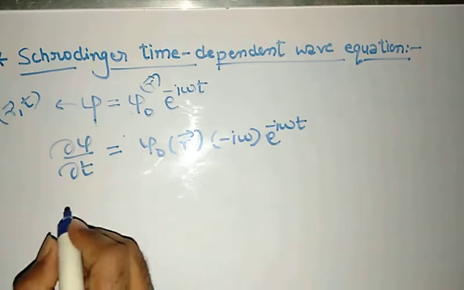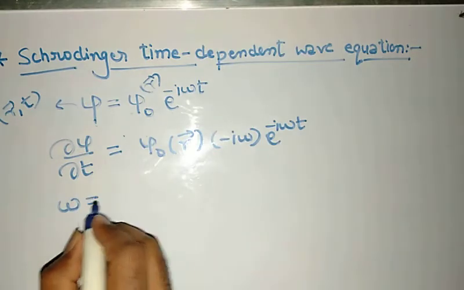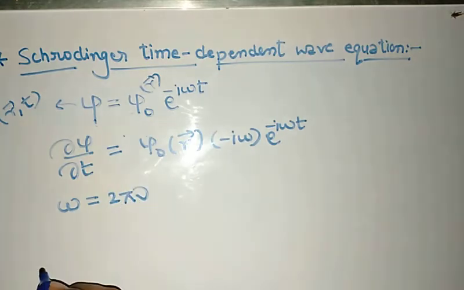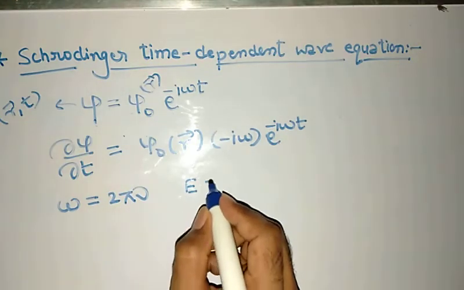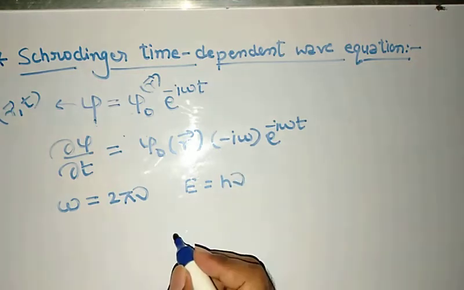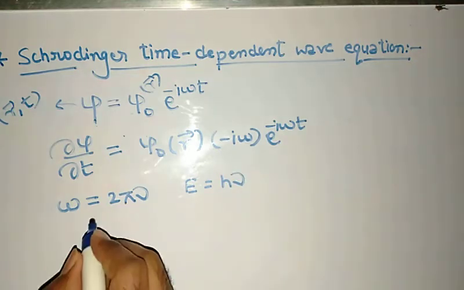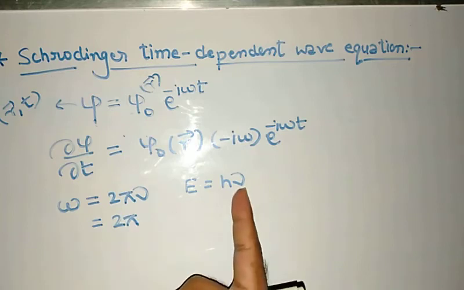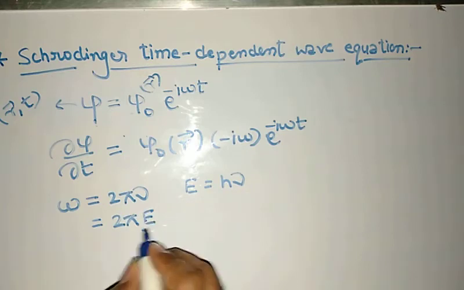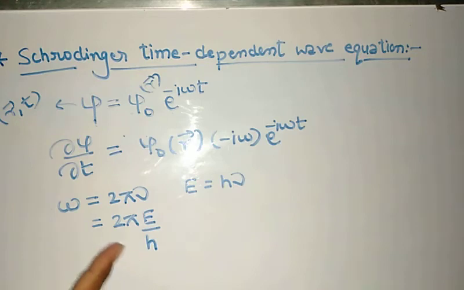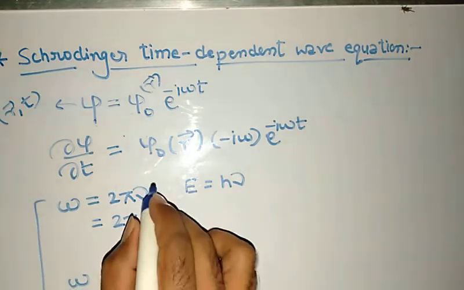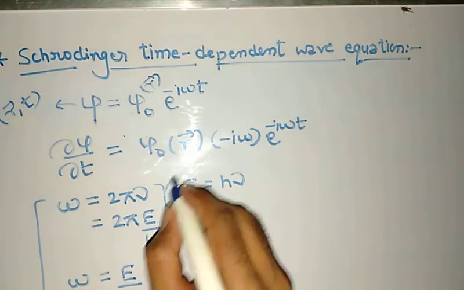Now we will use omega is equal to 2 pi mu and E is equal to h mu, since mu is equal to E by h, and as we know h cut is h upon 2 pi, we can write E upon h cut. So we will use this omega in this equation.